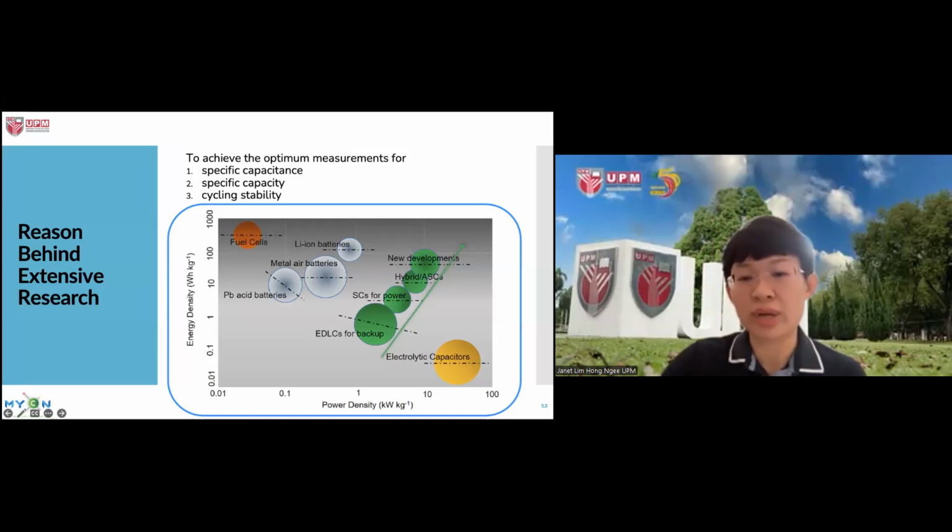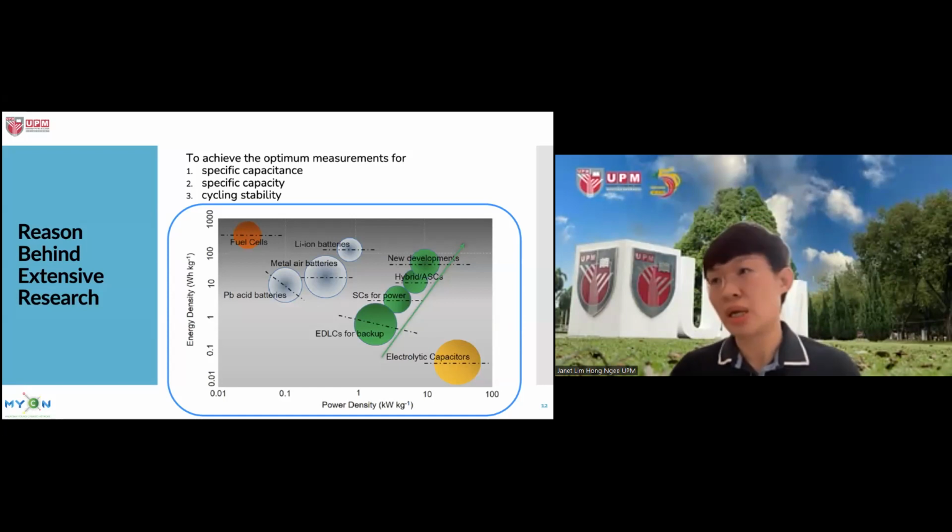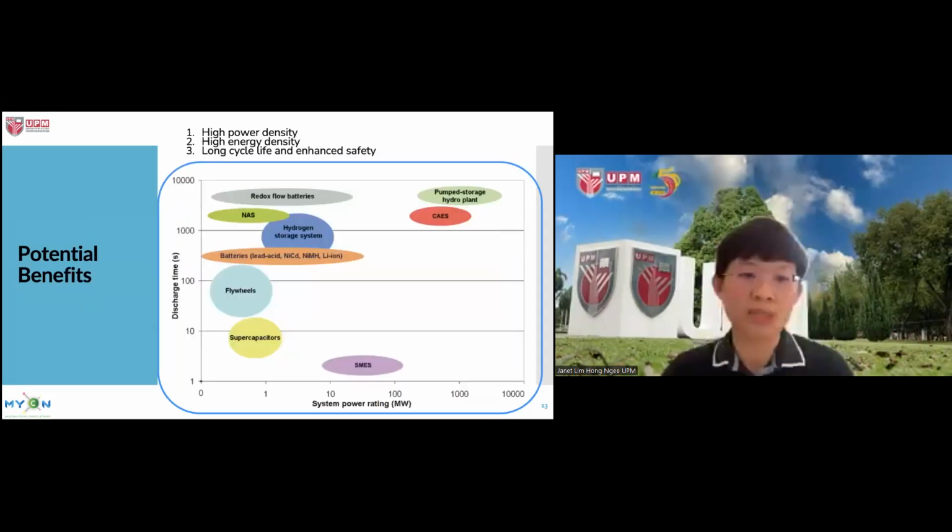So if you look at the green color areas, it's always new development of developing materials that are able to achieve high energy density and at the same time high power density, because a lot of times when we try to combine these two densities together, there's always some form of compromise that we have to take into consideration, and therefore this kind of new development is always very consistent.